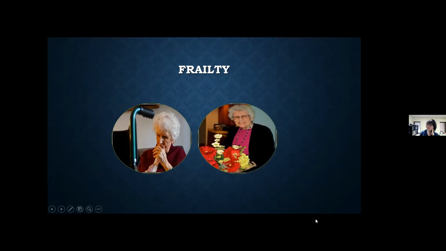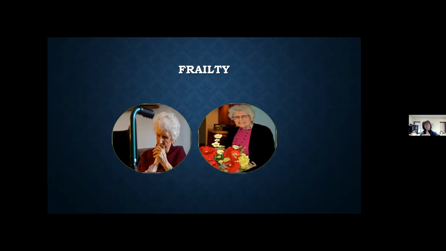Would you say that she is frail? Does she look frail? Definitely harder to see when you don't have her hands there, and her facial expressions make her look healthier. Exactly.